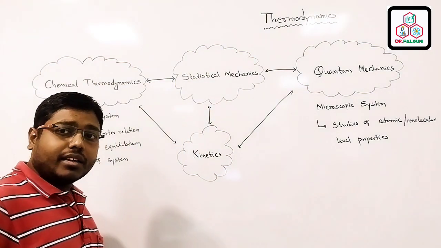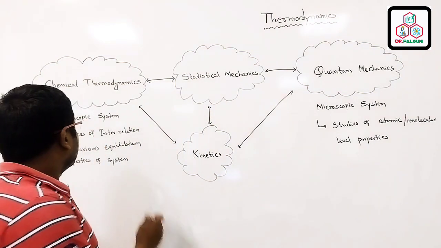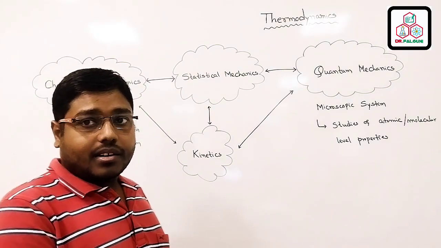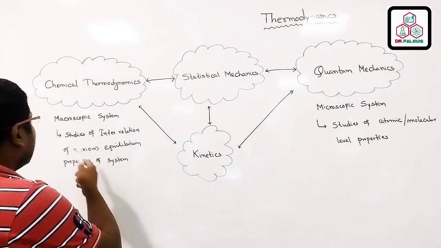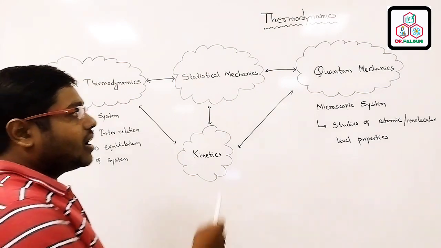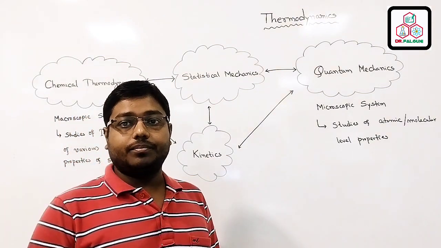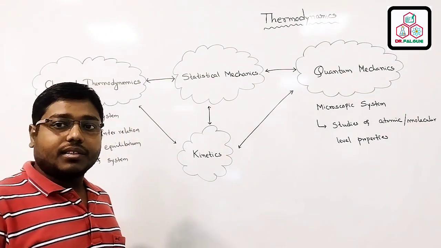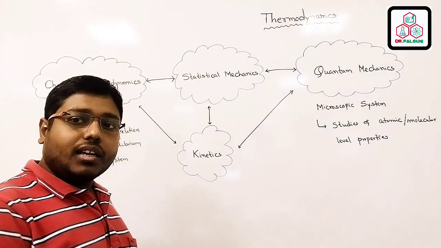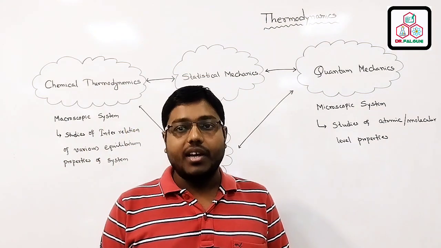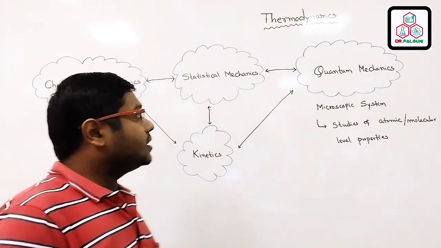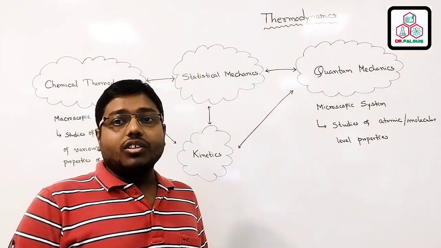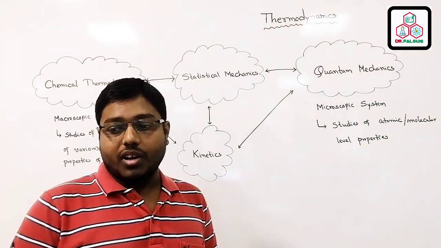And kinetics is the study of rate, in either a macroscopic or microscopic system. So these four chapters are interrelated. Today I will give the introduction of thermodynamics and the terminology used in thermodynamics.